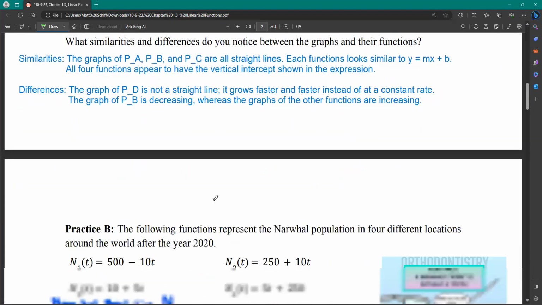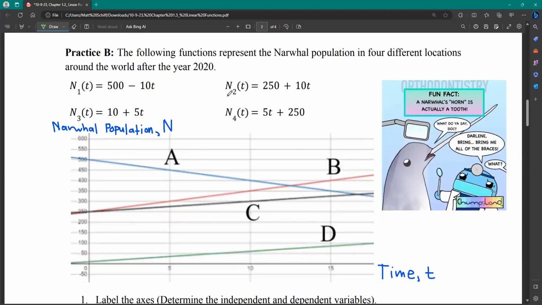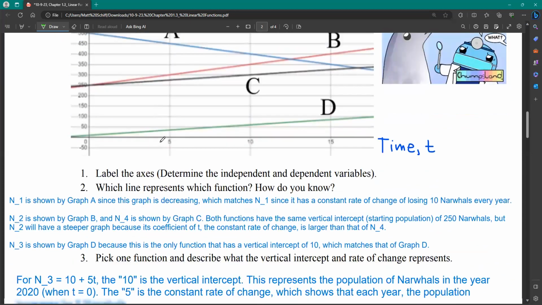So that's that. Now, practice B, some more functions and some more graphs. Each function represents the narwhal population. Yes, we do have narwhals. Enjoy the comic on the right here. So we had to match each function with its graph. So let's break this down.